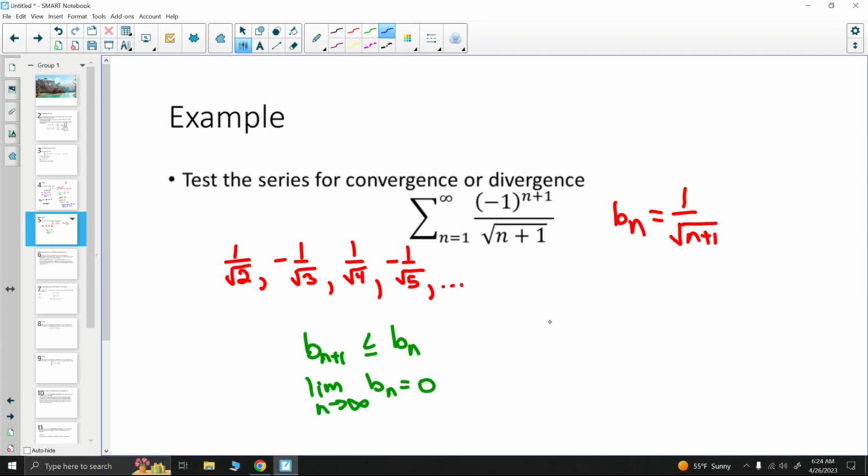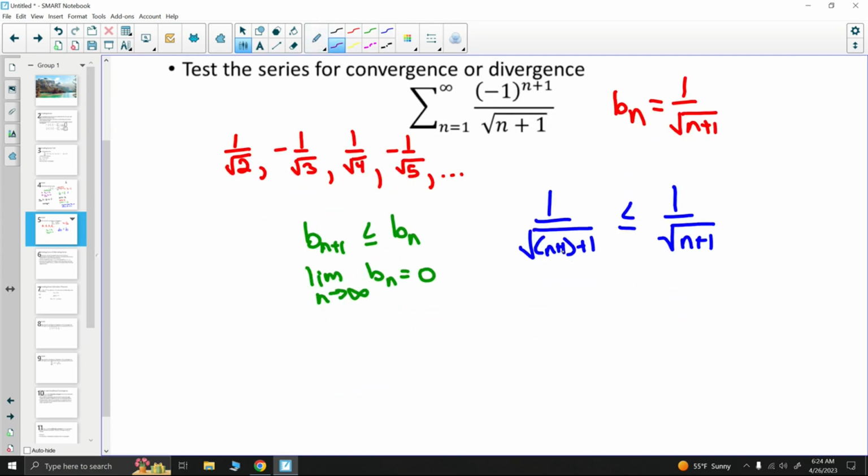Okay, so let's start with b sub n plus 1. b sub n plus 1 is 1 over the square root of n plus 1 plus 1, which is less than or equal to 1 over the square root of n plus 1. Hopefully, that's what we want to show at least.